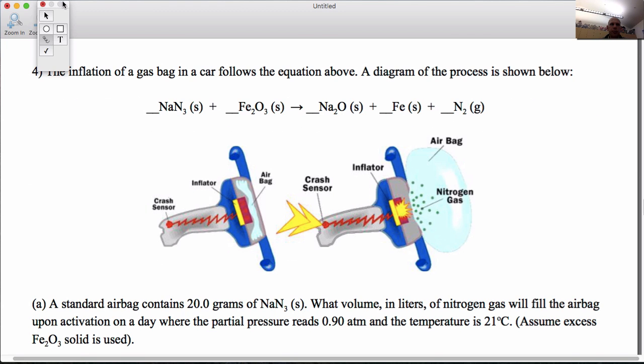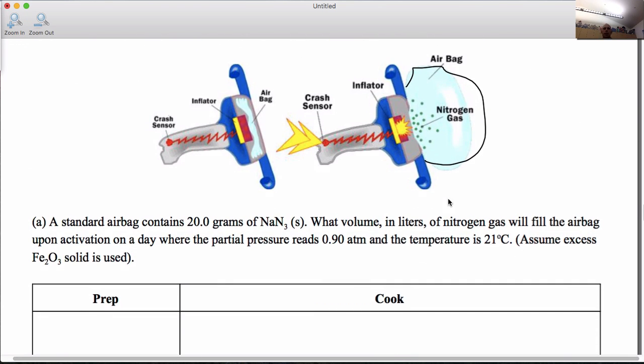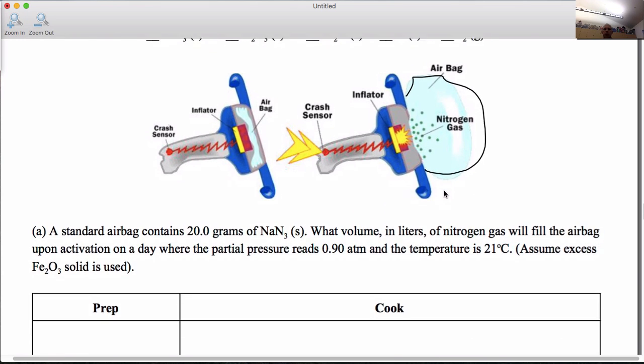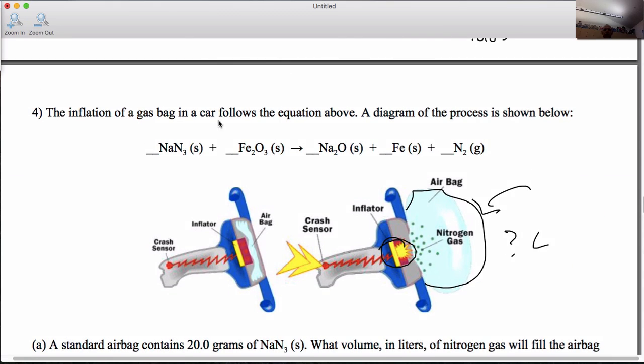All right, number 4. The inflation of a car airbag. Okay, so now we've looked at that in class. We have the car airbag here producing a bunch of nitrogen gas. And the standard airbag contains 20 grams of sodium azide. We know that that's a solid in there. And it wants to know what is the volume in liters of nitrogen gas that will fill the bag. So the thing about this one, we need to balance this first.